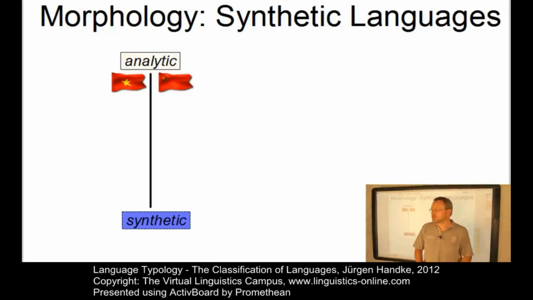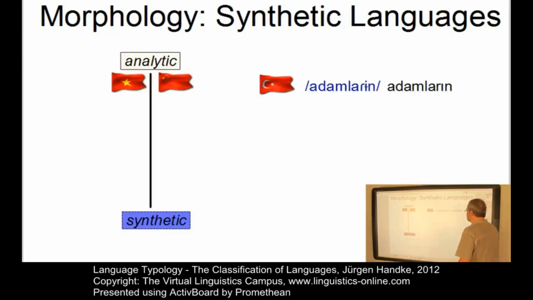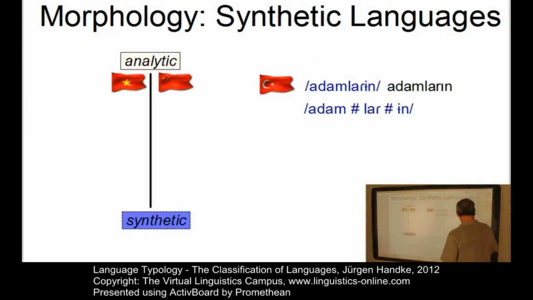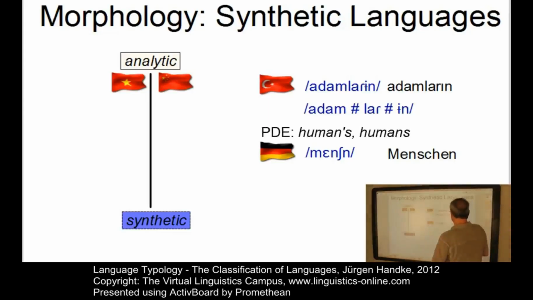Here are two examples. The first is an example from Turkish. Adamların, which means men in the genitive case, consists of 3 morphs. A second example has been taken from German. Menschen, humans, consists of 2 morphs.